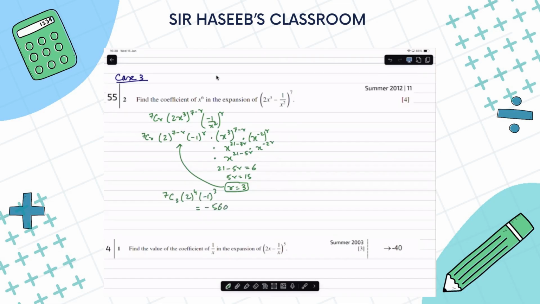The other way to do it is a trial and error method. In trial and error, you plug in r as 1. You'll write 7CR, (2x cubed) to the power of 7 minus r, and (minus 1 over x squared) to the power of r.